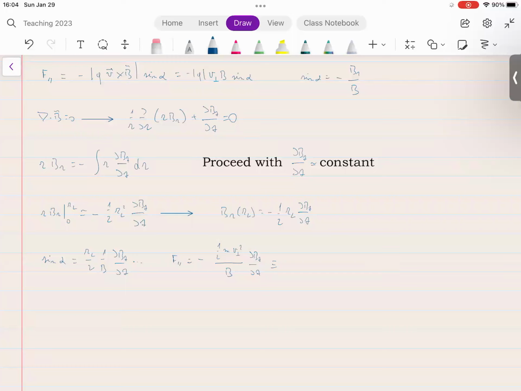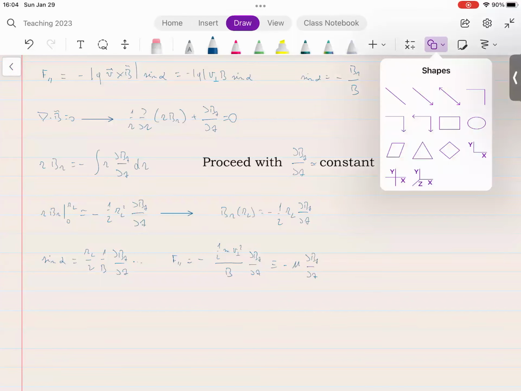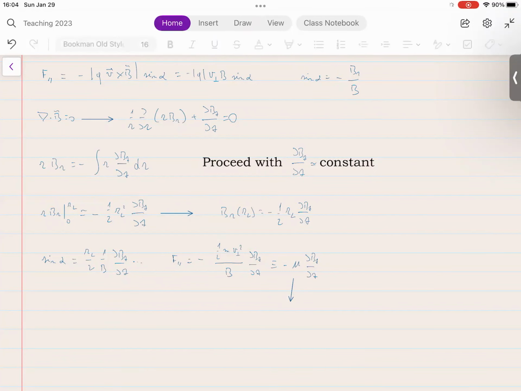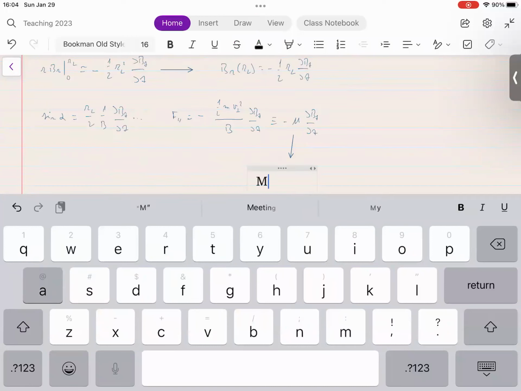And this I'm going to call minus mu times dBz/dz, where mu is what I'm going to call the magnetic moment.